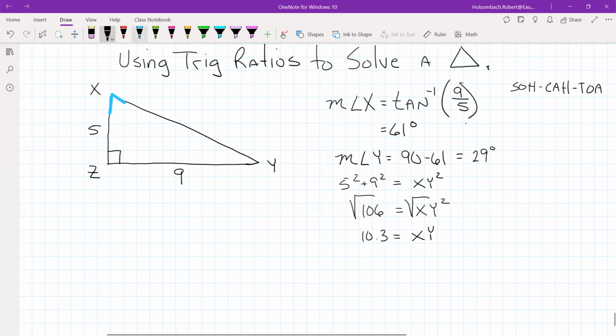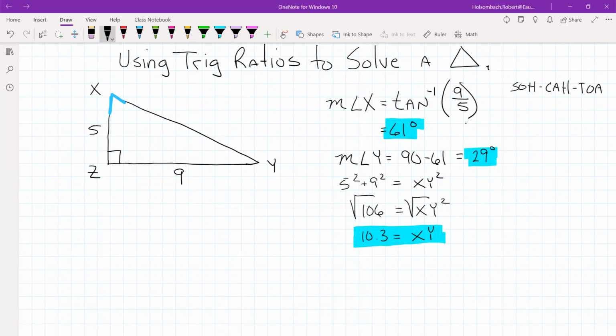All right, so here's our angle X. Here's angle Y. And here's the length of side XY. We good there? Okay.